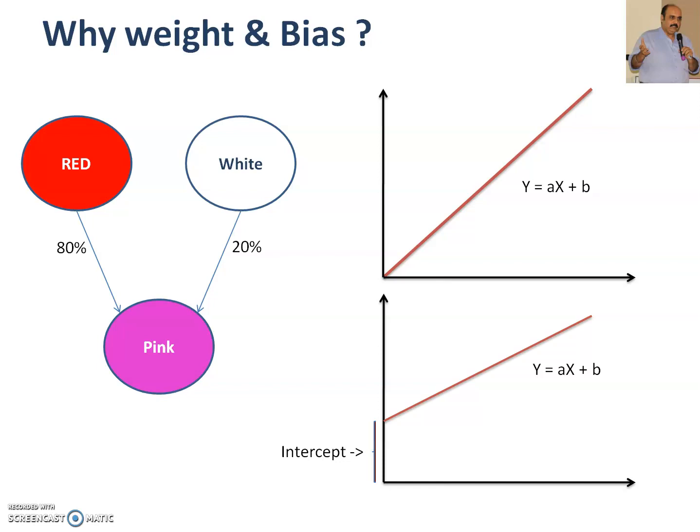Moreover, if we add 60% of red and 40% of white, then our weight for red will be 0.6 and for white will be 0.4. So now our formula will be pink equals intercept plus 0.6 times red plus 0.4 times white. Now we see that this pink is not as per our requirement. So what will we do? We will update the weights and the bias, and this is how we keep on creating the pink, then going back and updating the weights and bias and again producing the shade.